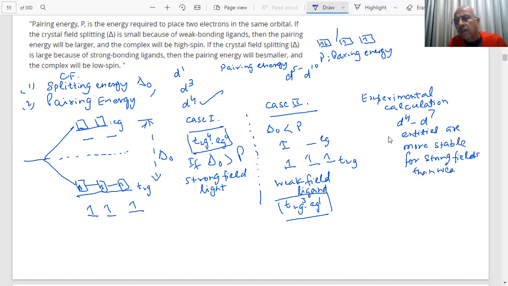What does it mean? Strong field means crystal field splitting energy is large. That means pairing will take place. The pairing energy is less. So in other words, when delta O is larger than P, students, then the result is the pairing of electrons takes place. And they have been found to be more stable situations.